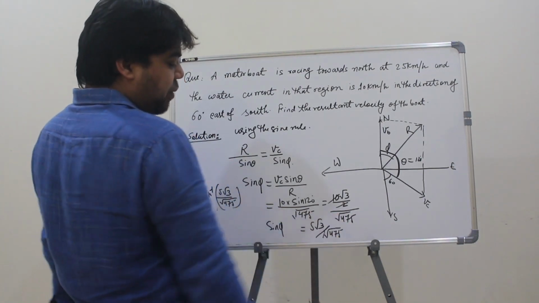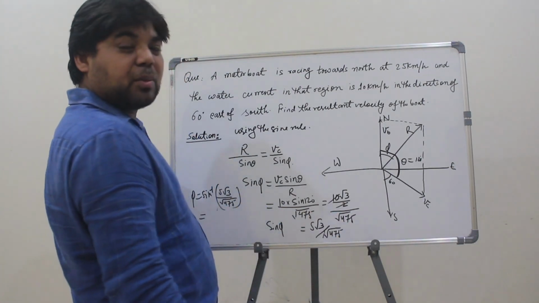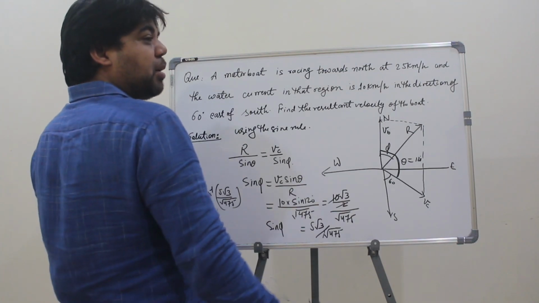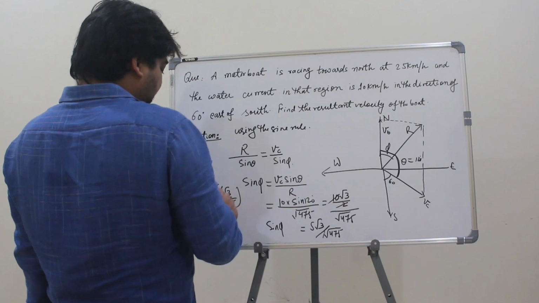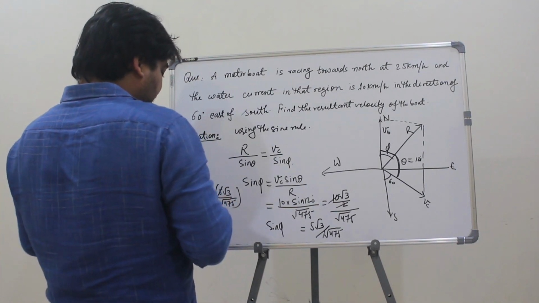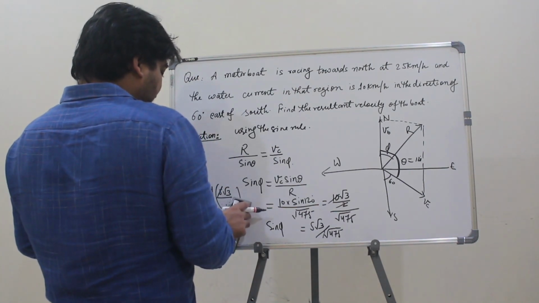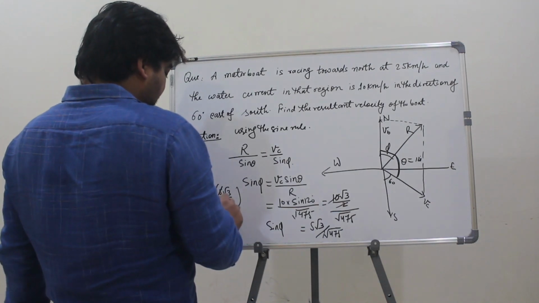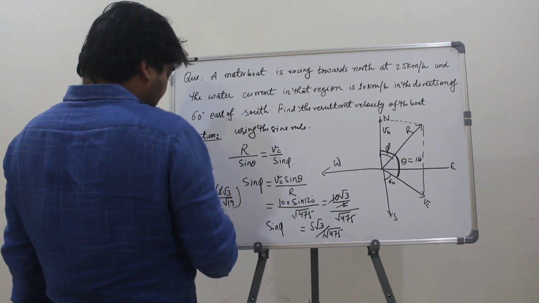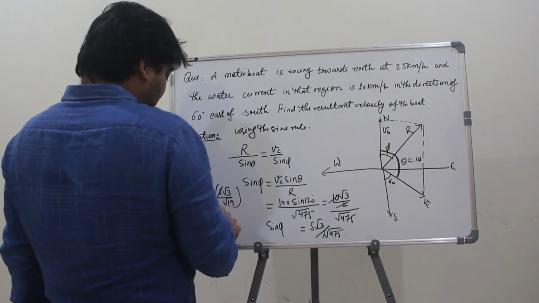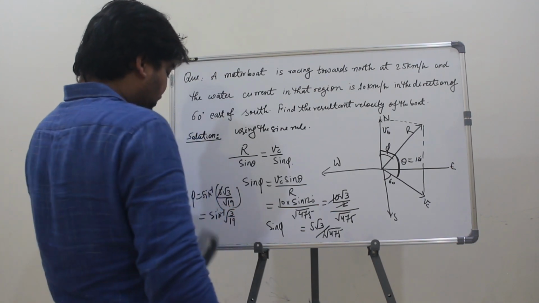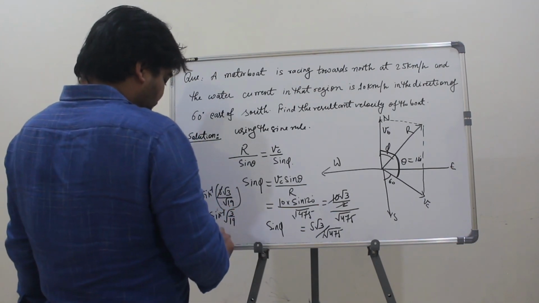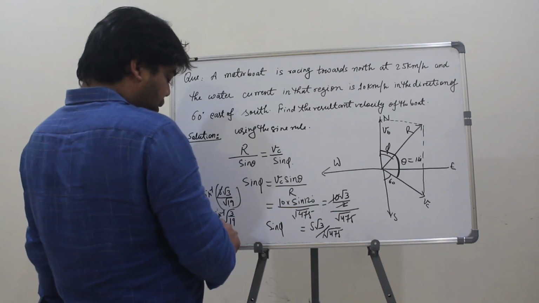So root 475 is 5 multiplied by root 19. Or it can be written as 5 root 3 divided by 5 root 19. Right? So sine inverse of root 3 by 19, which is somewhere 22 or some degrees, like that.